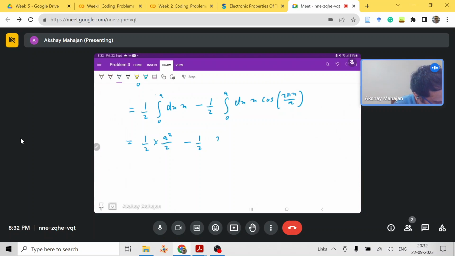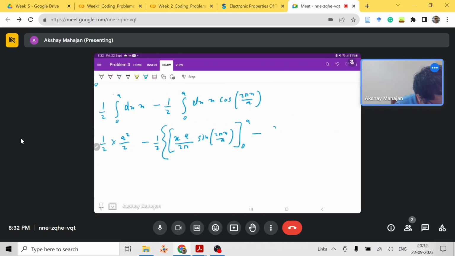So that will be equal to x times a upon 2 pi sine of 2 pi x by a from 0 to a, and I will have a minus sign, a upon 2 pi. We will do the integration of x, that will be 1. I will have sine 2 pi x by a dx.